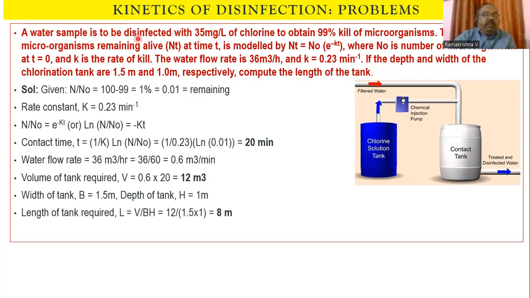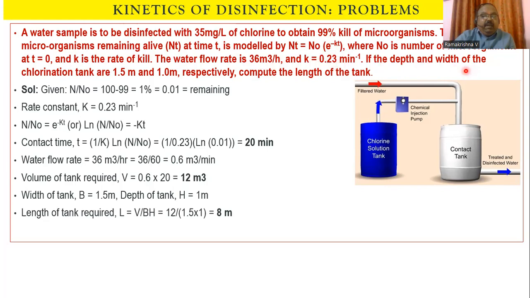The water sample is to be disinfected with 35 milligram per liter of chlorine to obtain 99% kill of microorganisms. The number of microorganisms remaining active is modeled by Nt is equal to N naught e to the power of minus kt. The water flow rate is 36 meter cube per hour, and k is given as 0.23 per minute.